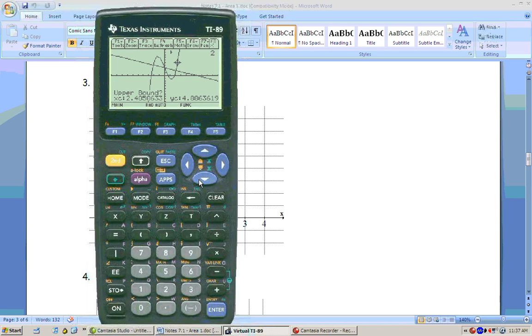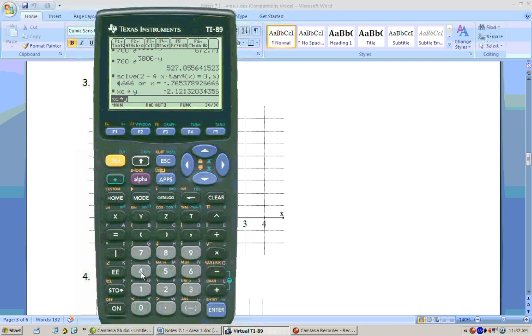Move over to the right, enter. Okay, so the second point of intersection is just the positive of that. You could use positive and negative y if you want to, or we can go to our home screen, take xc and store it in, say, z.